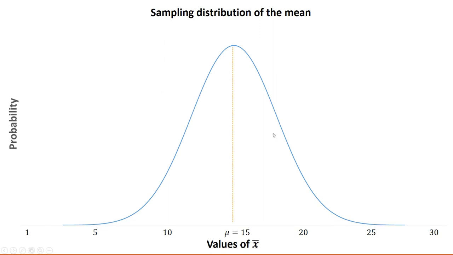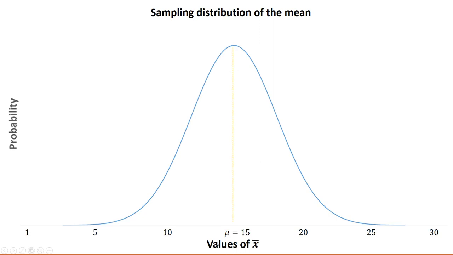So here we're laying it out, the sampling distribution of the mean. You'll notice that this distribution is shaped like a normal distribution. That's because it's a normal distribution. The sampling distribution of the mean approximates or approaches a normal distribution as your sample size gets larger. Okay, the sampling distribution of the mean.